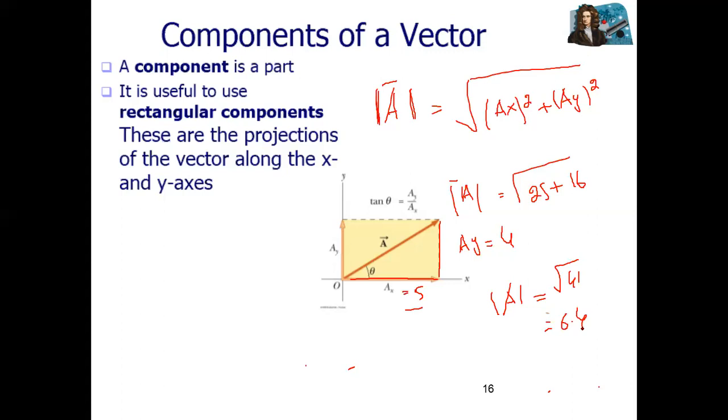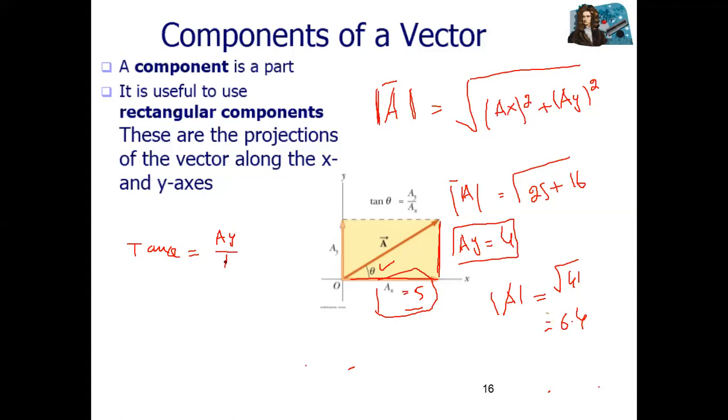Second thing, when the angle is not given. For example, we know the y component is 4 and the x component is 5. How do we find this angle? For the angle we use tangent theta, correct? And tangent theta is equal to AY over AX.